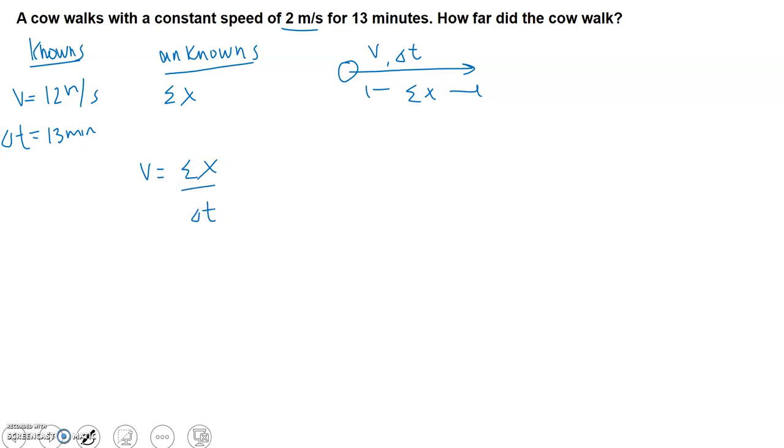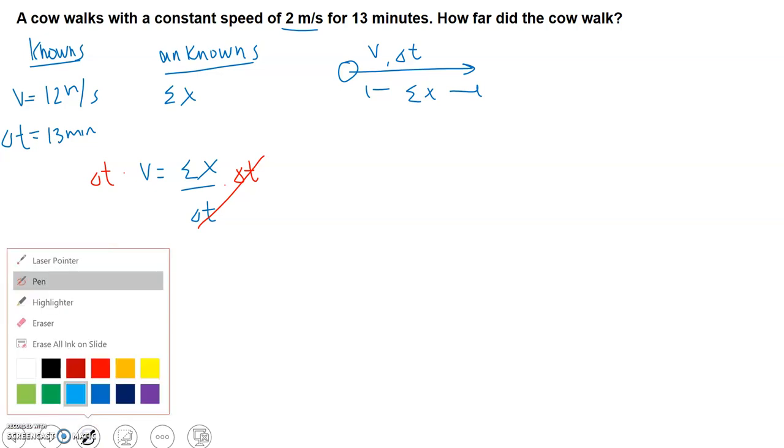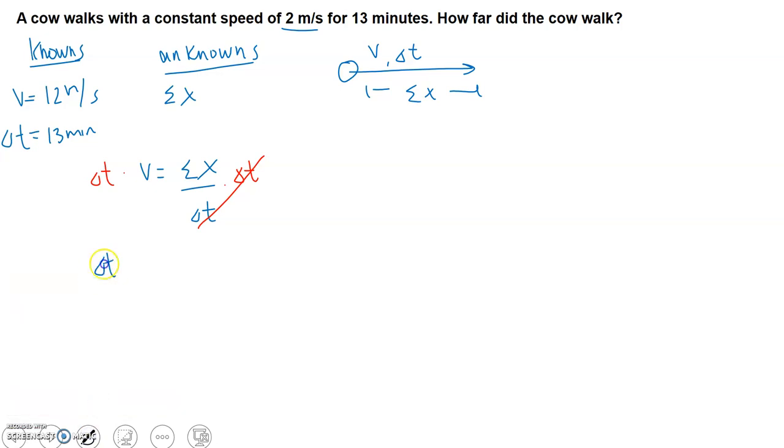And we're looking for how far. So again, we do the algebra first. And we're left with the equation: change in time times the speed is equal to the distance, how far.